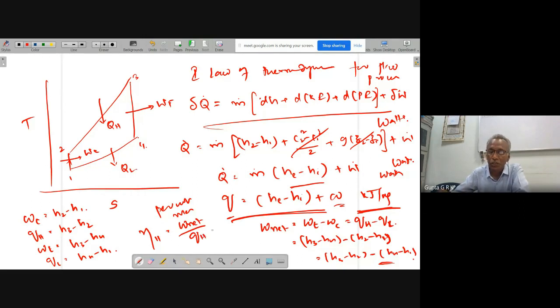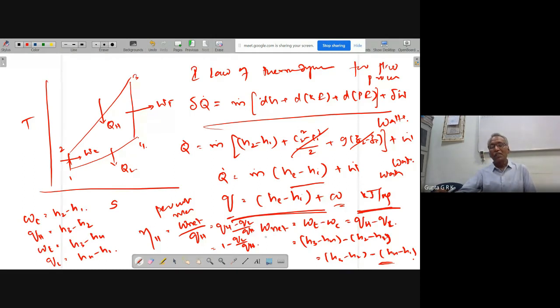W net by QH. So this can be written as QH minus QL by QH, or 1 minus QL by QH. There are various ways you can calculate each one, and you can get it.